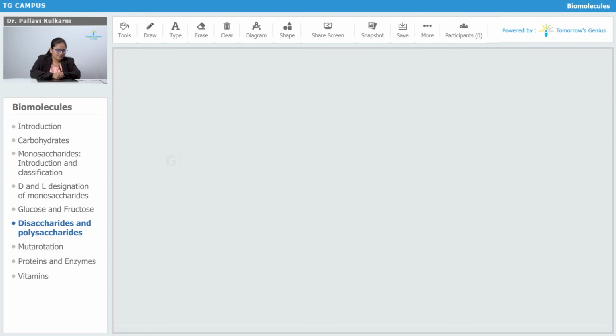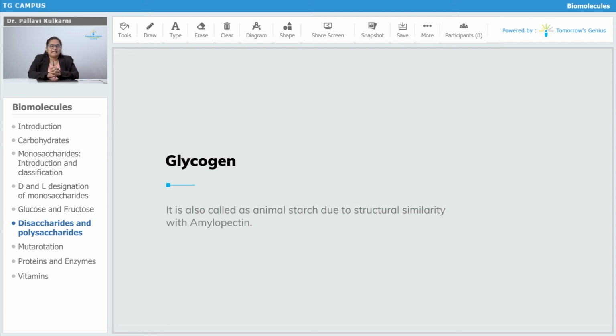Another polysaccharide is the storage polysaccharide or storage carbohydrate in animals. It is glycogen. Just like plants have starch, animals have glycogen as the storage polysaccharide material. The structure of glycogen has much similarity with amylopectin.